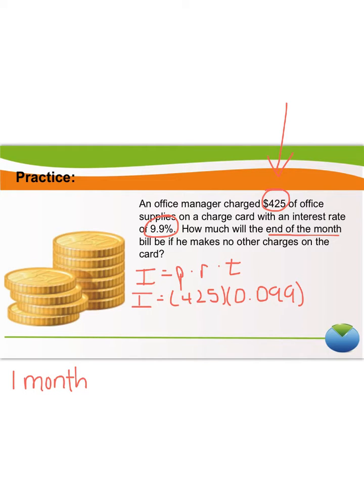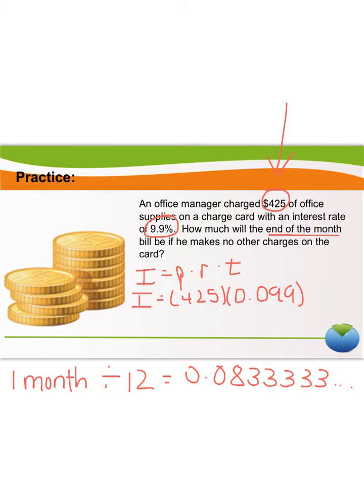So remember I told you anytime I give you months, I want you to divide by 12. So go ahead and pick up your calculator and take 1 divided by 12. And you're going to get, oh my goodness, this really long decimal. It's going to go forever and ever and ever. All right, so let's make a decision right here.